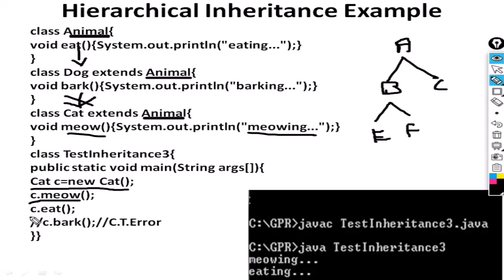It also gets the properties of eat, so you can get eating. But if you use c.bark, it won't print the output, because cat and dog do not have any relationship between each other. That is the main reason it doesn't support c.bark. Because of that reason, I have put it in a comment line.